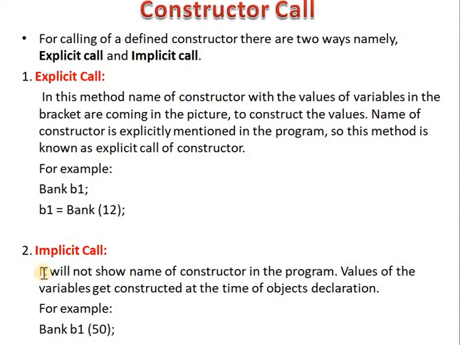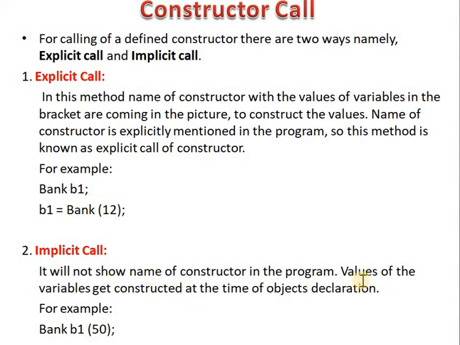And the next one is the implicit call. The next way is the implicit calling of the constructor. It will not show the name of the constructor in the program. In the explicit call, we specify the name of the constructor, and after the name of the constructor we pass the values.